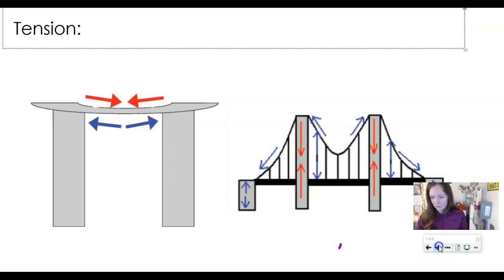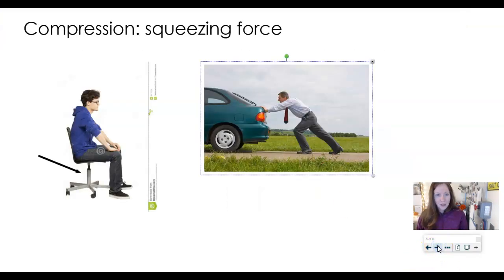Okay, so the next type of force here is a compression force. A compression is just exactly like it sounds. It's a pushing or a squeezing force. So anytime you push or squeeze on something, the material is under compression. A really common example, of course, is if you're sitting on a chair, the legs of the chair are under compression.